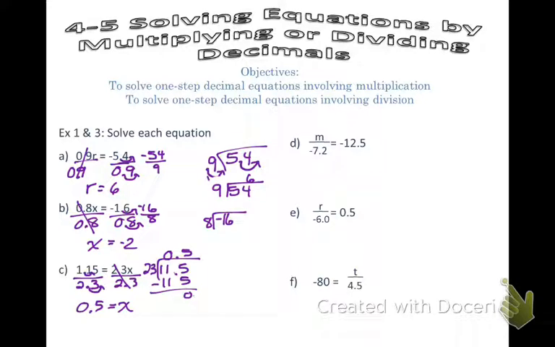Alright, D. This time you have negative 7.2 dividing into m. To get rid of negative 7.2, because it's dividing, you're going to multiply by negative 7.2. I'm going to put it right underneath so I can multiply them right underneath each other.